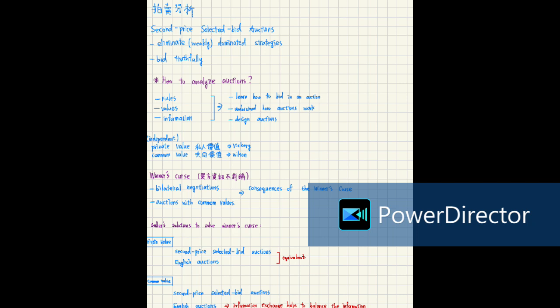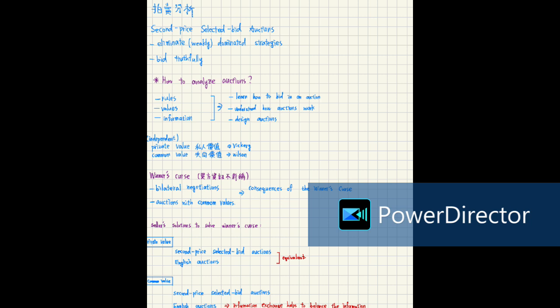So the first concept of an auction is winner's curse. What is winner's curse? Winner's curse is that there is information asymmetry.